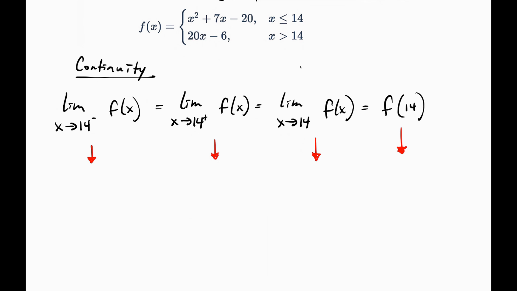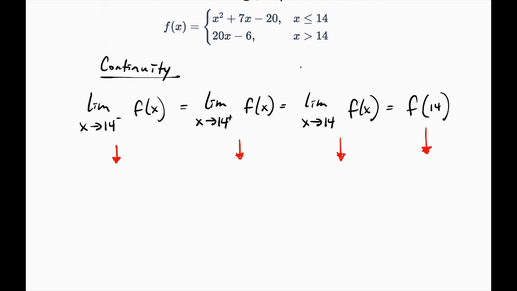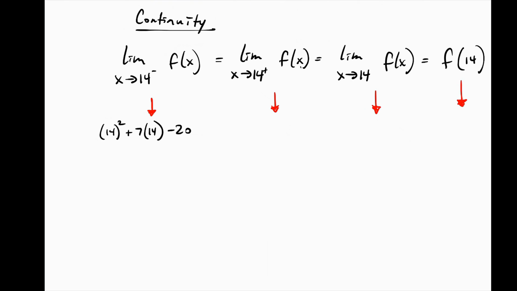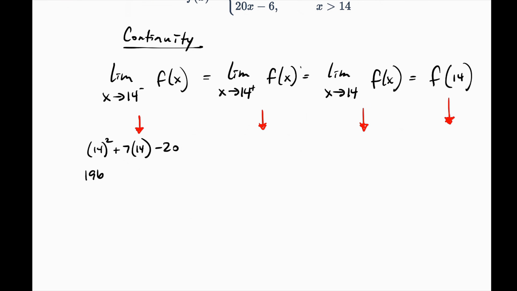Just plug it in from the, well, it's coming from the left side, right? It's coming from the left side. So which one am I going to use if it's coming from the left side? The top one, right? So I'm going to plug in 14 to the top one and see what I get. All right? So I get 14 squared plus 7 times 14 minus 20. 14 squared is 196. 7 times 14 is 98, minus 20.